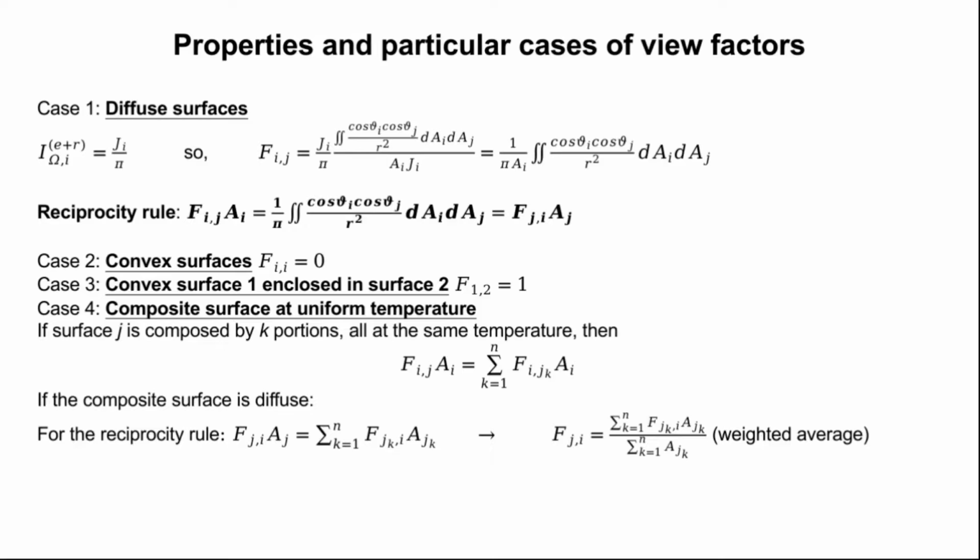The product Fij times Ai is equal to the summation of all the view factors Fijk times Ai. Moreover, if the composite surface is diffuse, we can apply the reciprocity rule, and the view factor Fji becomes the average of the view factors Fjki, weighted on the surface areas of all its portions.